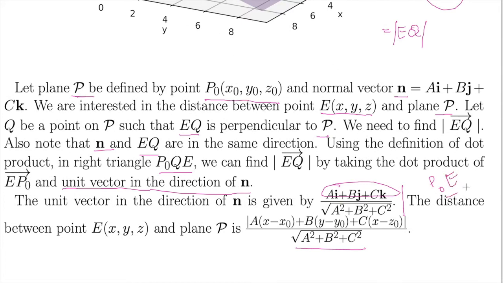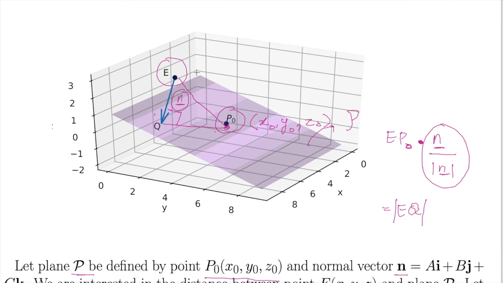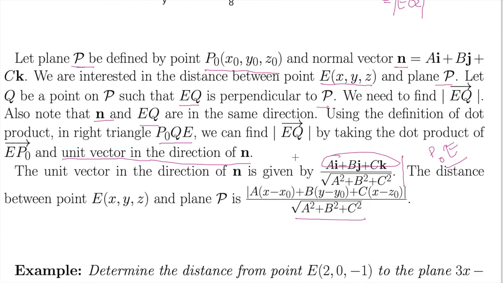So what is P0E? Now this E is what? x, y, and z, or maybe x1, y1, z1. So what we want to find is this vector: x minus x0 times i, y minus y0 times j, and z minus z0 times k.